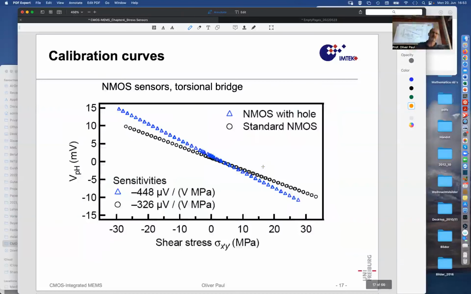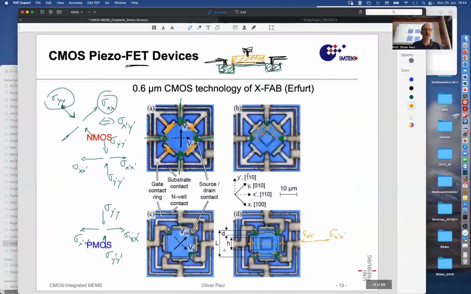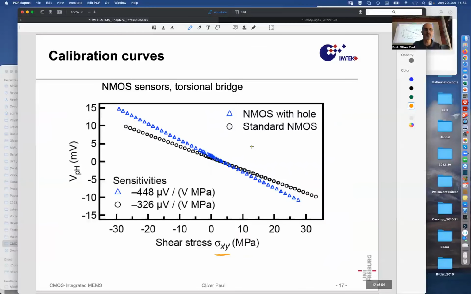Okay, and then you see here some results. For instance, a stress sensor, an NMOS stress sensor under the shear stress. So this is the upper left sensor here. NMOS, either this one or this one, actually both. With hole and then the standard, hole-free one.